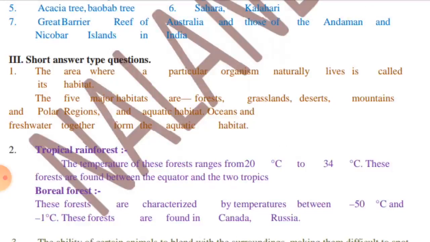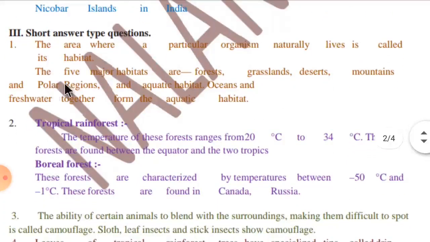The first question is, what is habitat? List the major habitats of the birds. So the answer is, the area where a particular organism lives naturally is called its habitat.